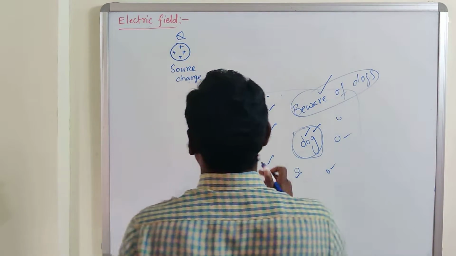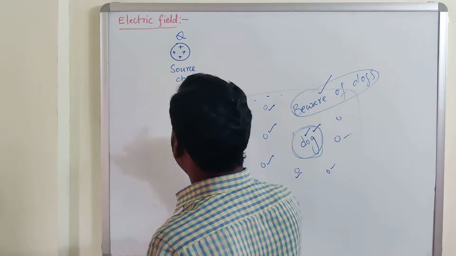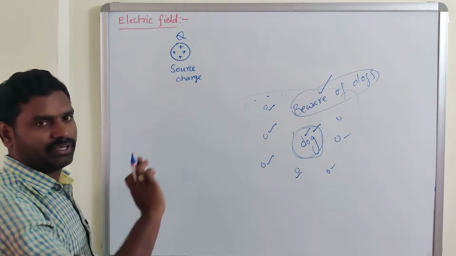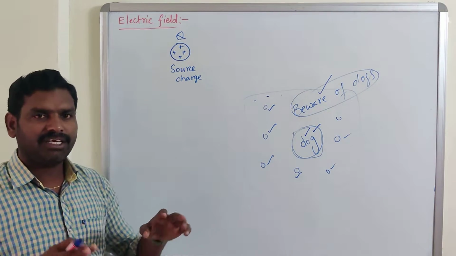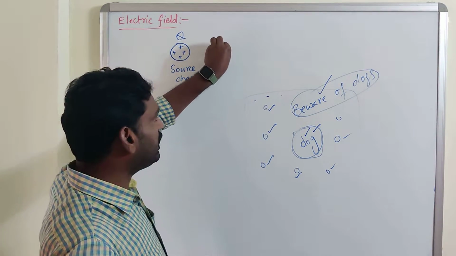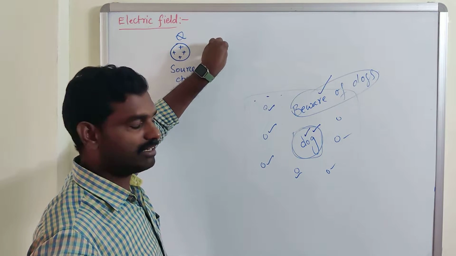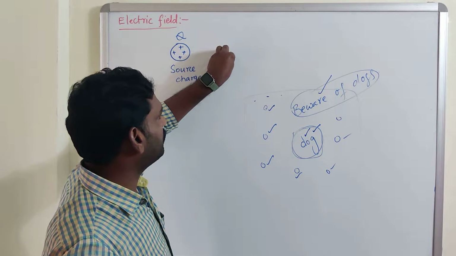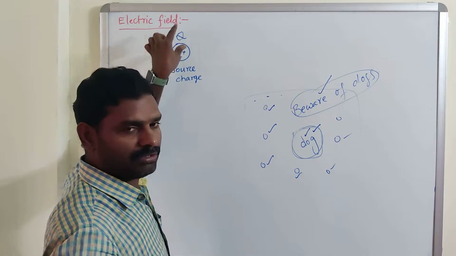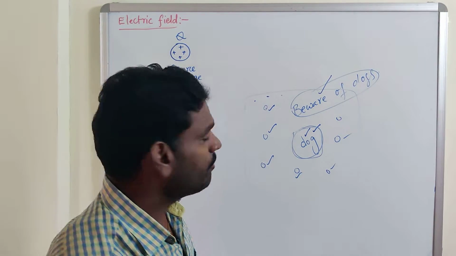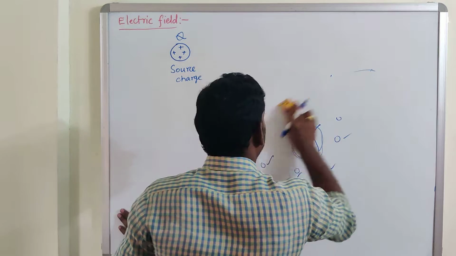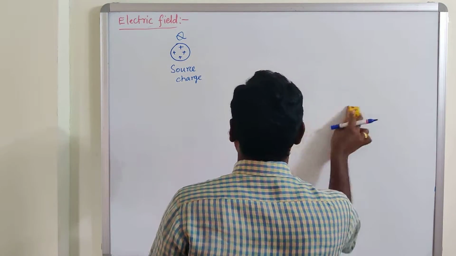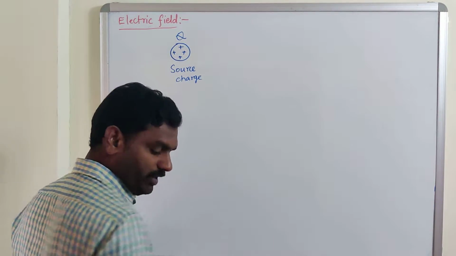So if a charge is there, it creates its own influence about its surroundings. If any other charge is brought into that field, that region, that second charge will experience some force due to the first charge. Okay, so now I am going to explain about the electric field here.